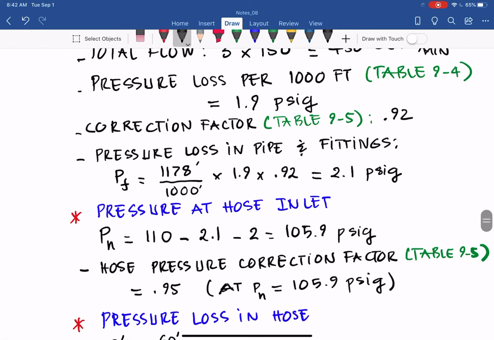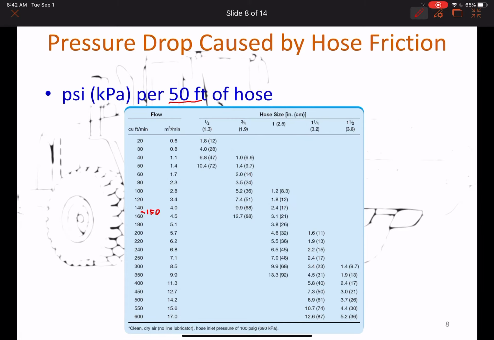So we can be able to find out the column of 1 inch. If you interpolate between 2.4 for 140 cubic feet per minute and 3.1 for 160 cubic feet per minute, at 150 it will be 2.7. And that 2.7 of what? PSI per 50 feet of the hose.